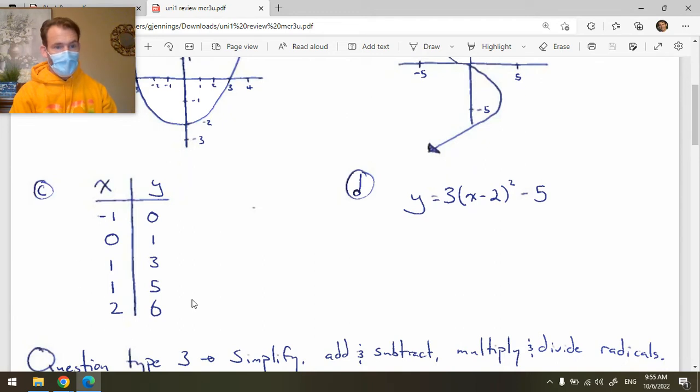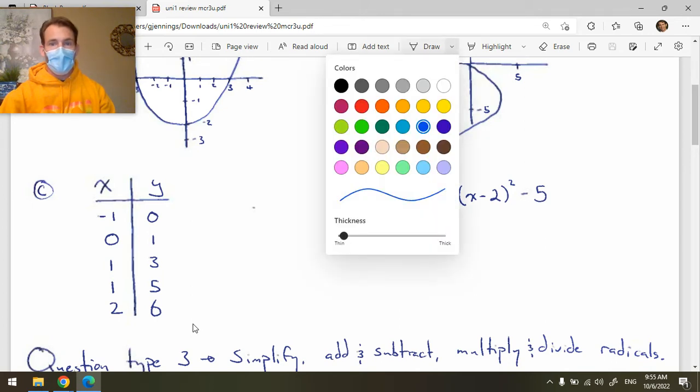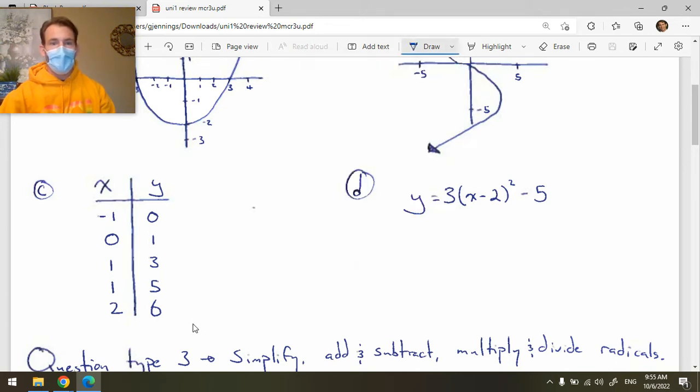This one here, when they're in a table or we're looking at a collection of points or a mapping diagram, we want to look at whether any inputs have multiple outputs. So I see -1 maps directly to 0, 0 maps to 1, 1 maps to both 3 and 5, not a function.